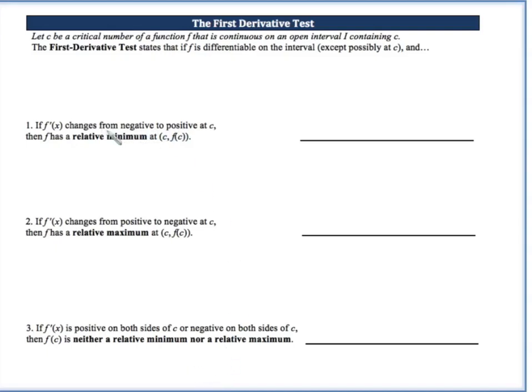So let's think about what that means. Okay, so we're going to have a critical number here at c, and the derivative is going to change from negative to positive. Okay, so on this side, we know that f prime of x is going to be less than 0, and on this side, f prime of x is going to be greater than 0.